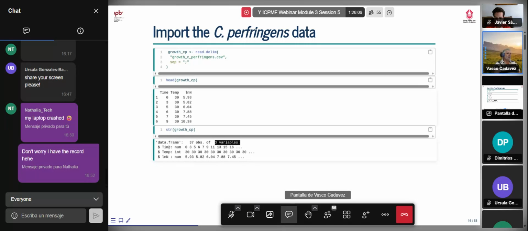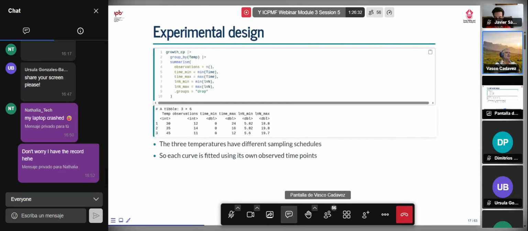The columns are time, temperature, and the natural log scale of the N. And you can see the type of variables: numeric, integer, and numeric. So it's always good to start by understanding what we have in the data and what kind of columns you have, because sometimes you need to transform the columns or the data in order to fit the statistical models.